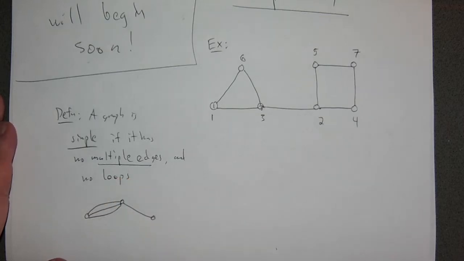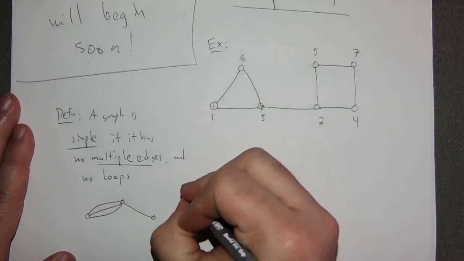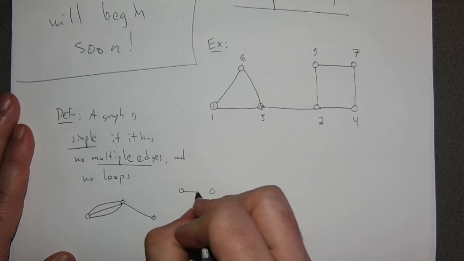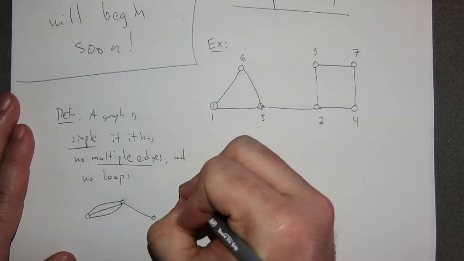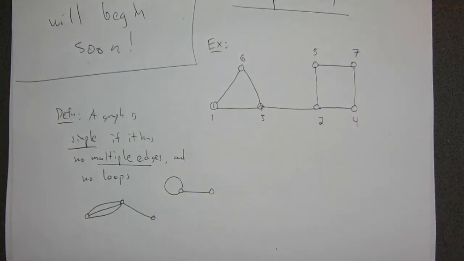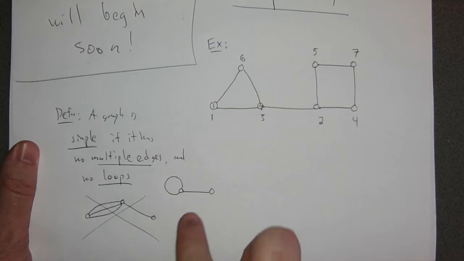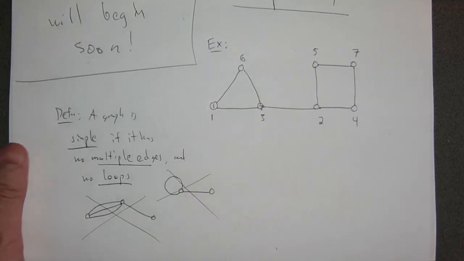That's an example of a multiple edge. A loop would be if I have maybe 2 vertices, but one of them has an edge connected to itself. This would be a loop. So no multiple edges, so nothing like this, and no loops, so nothing like that.